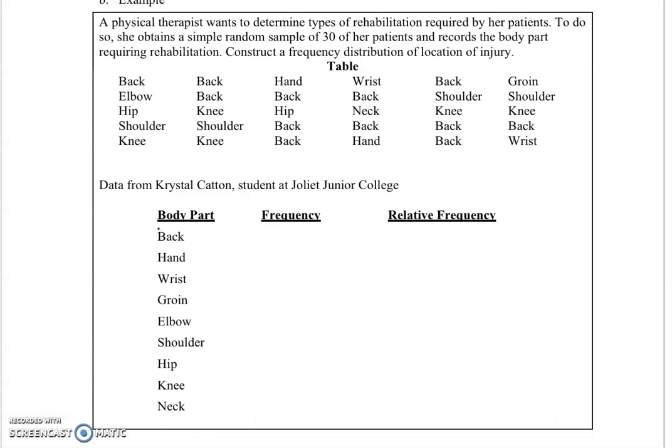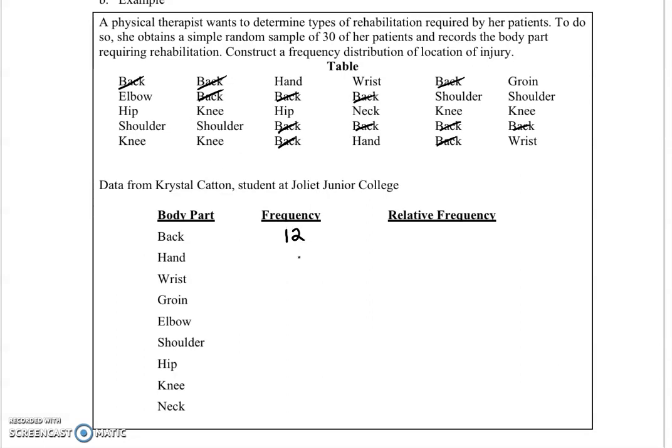So let's start with back. We just count the numbers, and I'm going to cross them off as we go. So 1, 2, 3, 4, 5, 6, 7, 8, 9, 10, 11, 12. So 12 back patients.